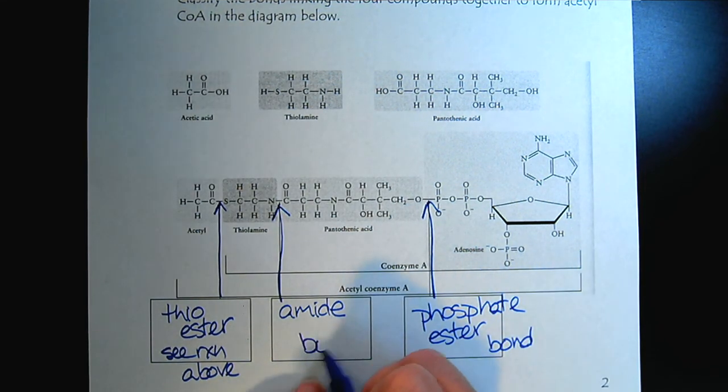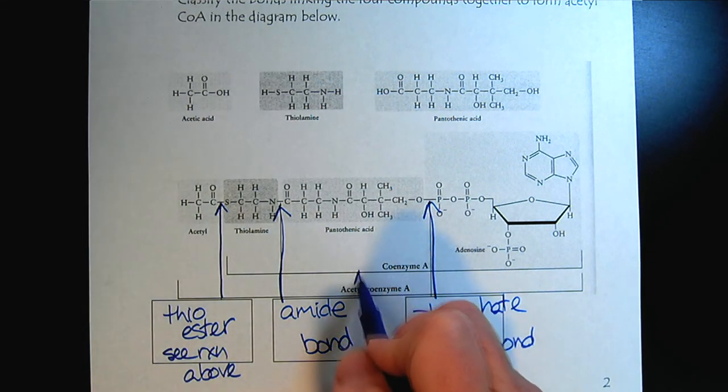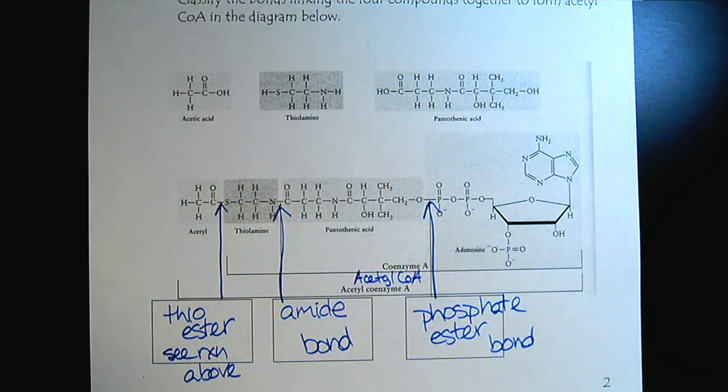Okay, so there are the three bonds that link together the four compounds to create acetyl CoA. Alrighty, so that wraps up our introduction to metabolism and bioenergetics, and now in the future tutorials we'll dig in deeper and look at the citric acid cycle and the electron transport chain. So stay tuned for more information.